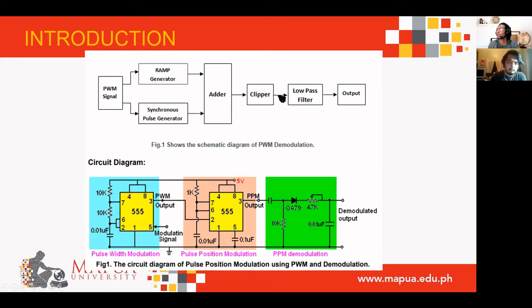Then the output signal is processed through a low pass filter, where the demodulated signal is the output.